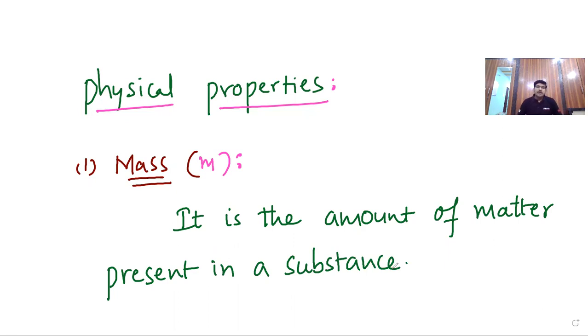Observe carefully. Mass of a substance is simply defined as the amount of matter present in it. The amount of matter present in the substance is known as mass. Clear?